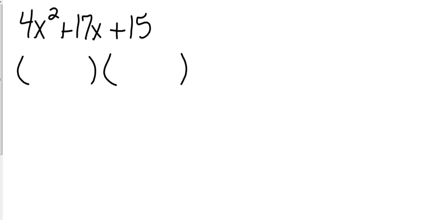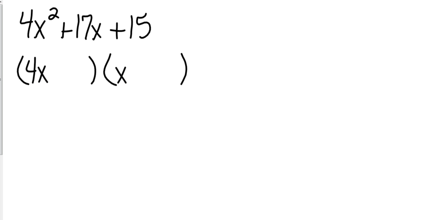I know that I have to multiply my first terms to get 4x squared. So the choices are 4x times x or 2x times 2x. There's no perfect way to do this. I will start in this case with 4x and x.